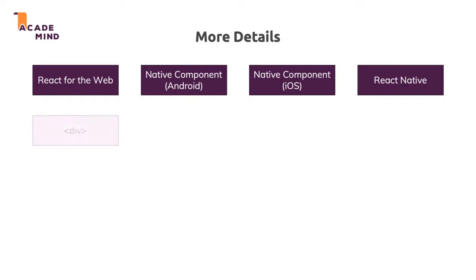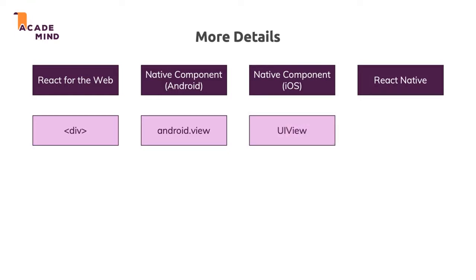So if you're using React for the web, you typically work with, let's say, a div to structure your content. If you would work directly with Android, so you would build your app in Android Studio without React Native at all, you would work with an Android view, for example. That would be a widget you can use there in the user interface you're building directly with native platform features to structure your content. On iOS, that would be the UI view widget.